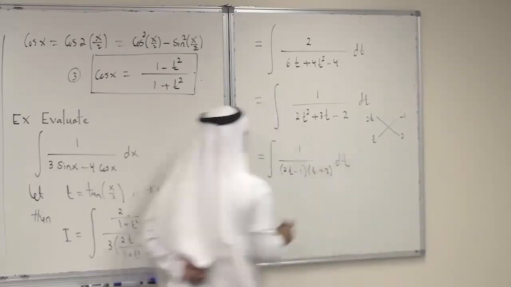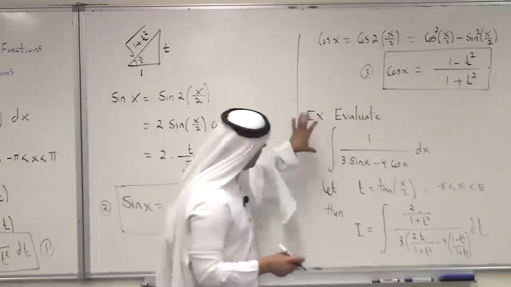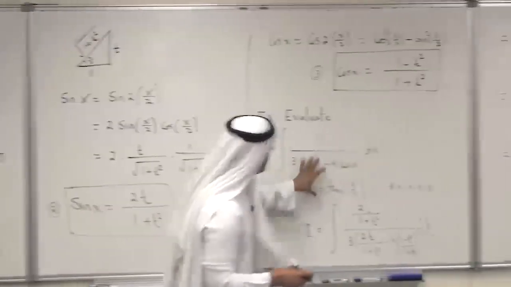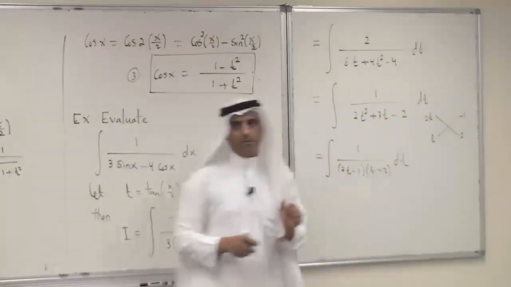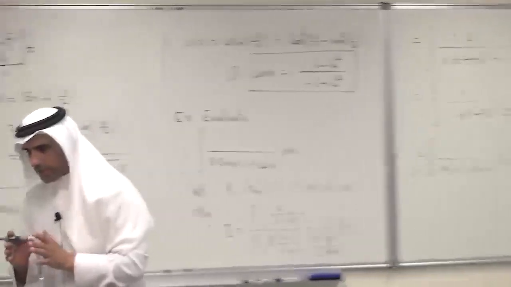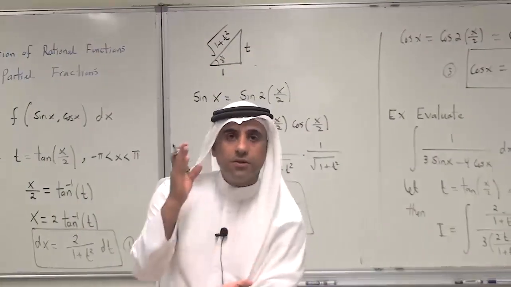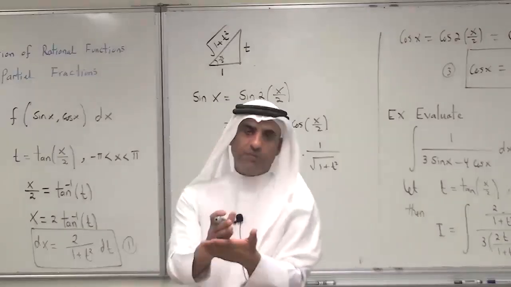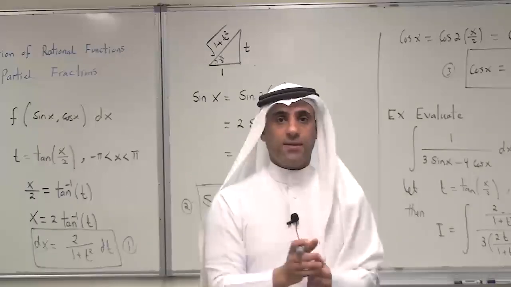Now you can see we started with a function that involves sine and cosine, and we end up with a rational function. So we can always transform a sine cosine integrand into a rational function, and once we reach the rational function stage, we can use partial fraction decomposition forms, and so on.